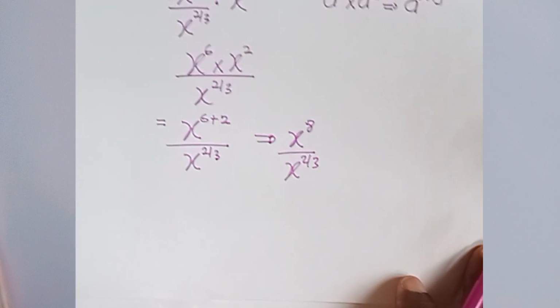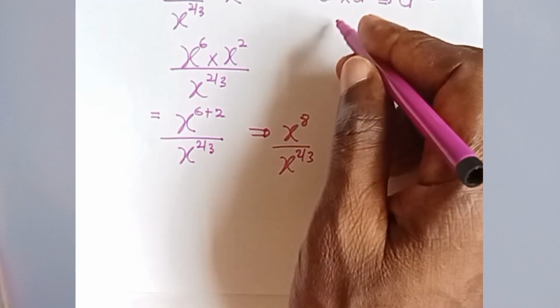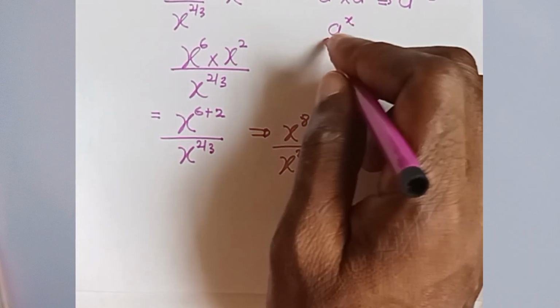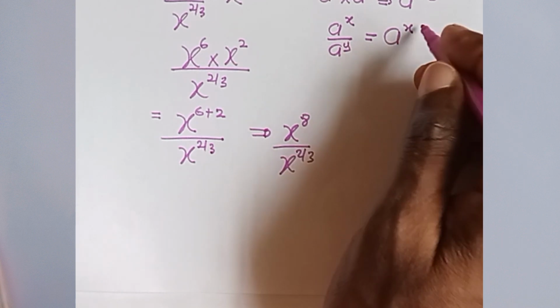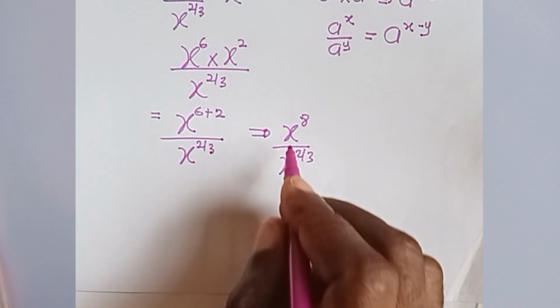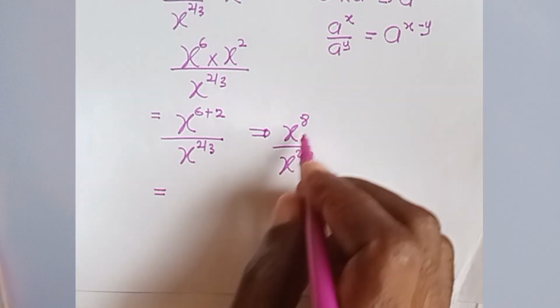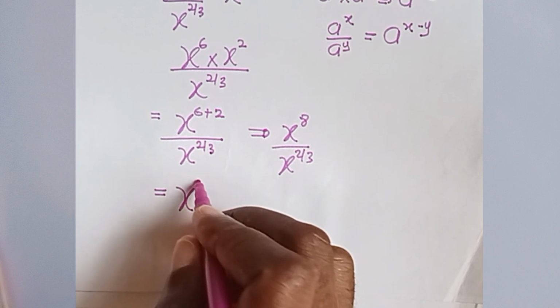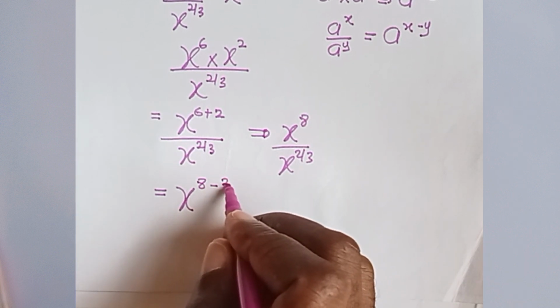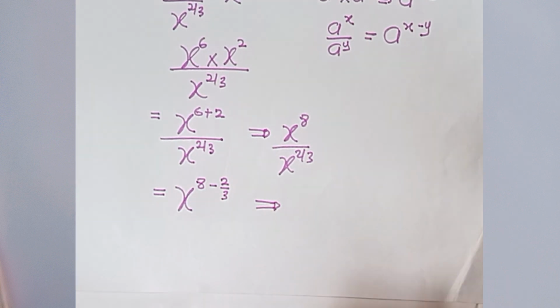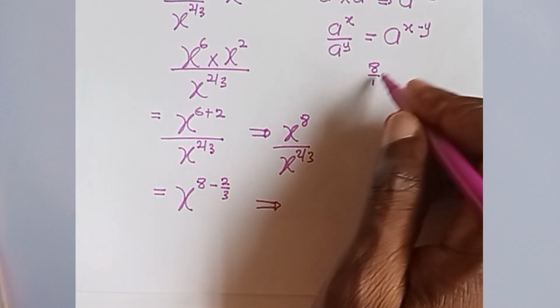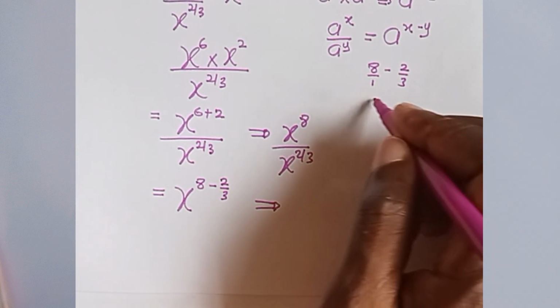Another law says that if we have a raised to the power x divided by a raised to the power y, it becomes a raised to the power x minus y, and that means that we have this to be x raised to the power 8 minus 2 over 3. Right, and then let's do 8 over 1 minus 2 over 3.